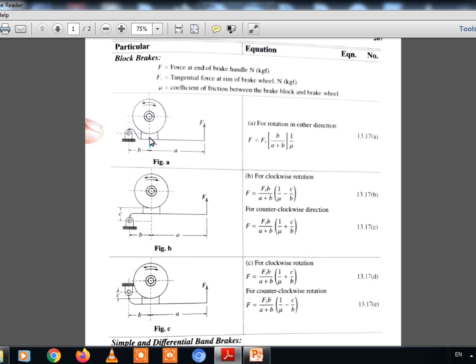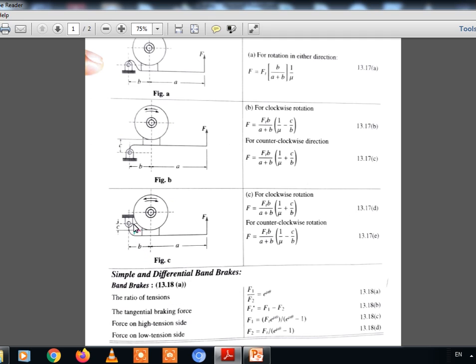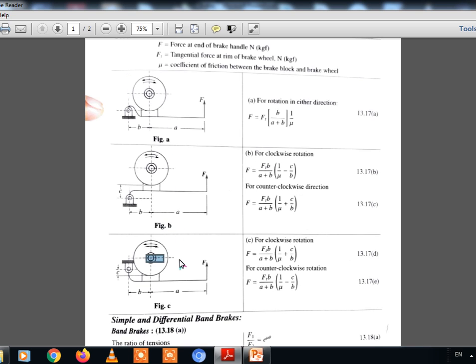In this case the tangential force is in between the axis of the drum and the fulcrum. In this case the fulcrum is in between the tangential force, where the tangential force exerts, and the axis of the drum. So there are three cases. First you need to identify which type of case it is, and based on the rotation you can choose the formula.